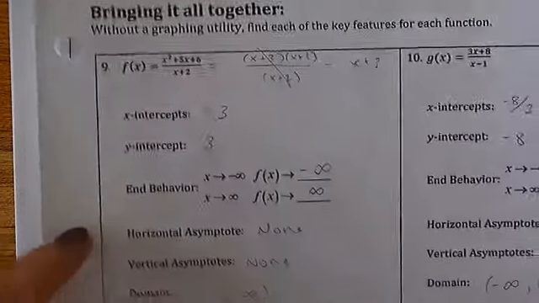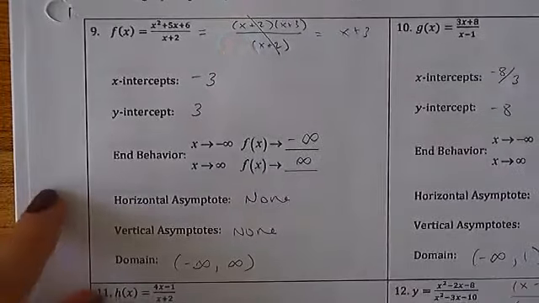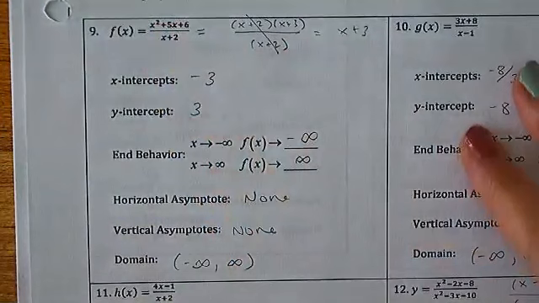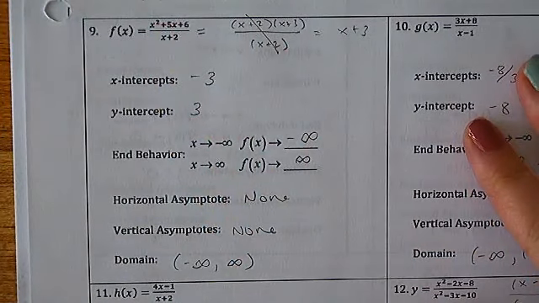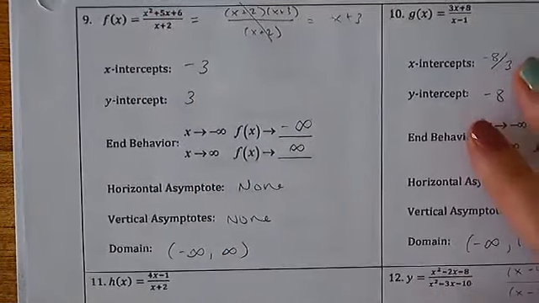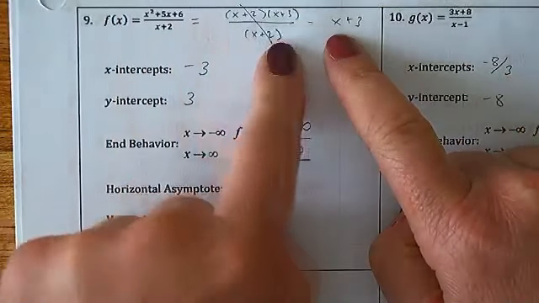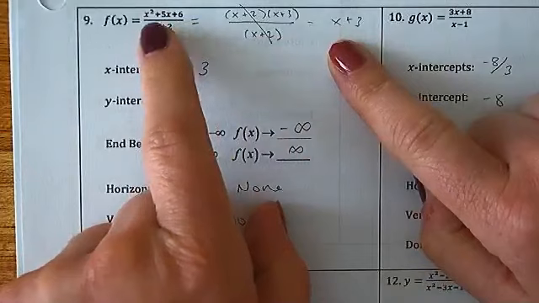For number 9, we could have factored this first and those cancel. So there's your x-intercept and your y-intercept.